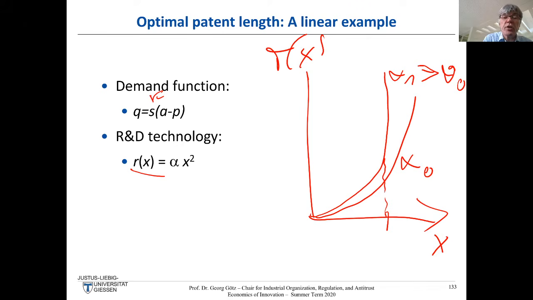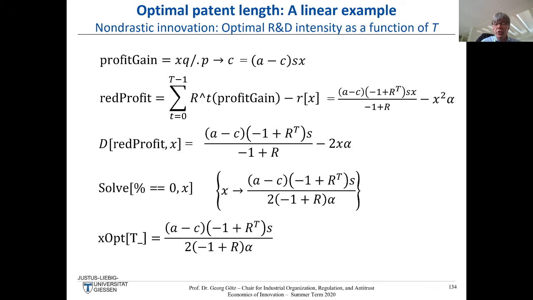And what you see is that the slope is increasing. That is, an additional cost reduction costs you more once you're already here than if you're here, for instance. That's a rather standard assumption, and why are we using that? Because this gives us a very nice linear first derivative, and therefore we can easily solve the problem. If that's clear, I just want to move on.